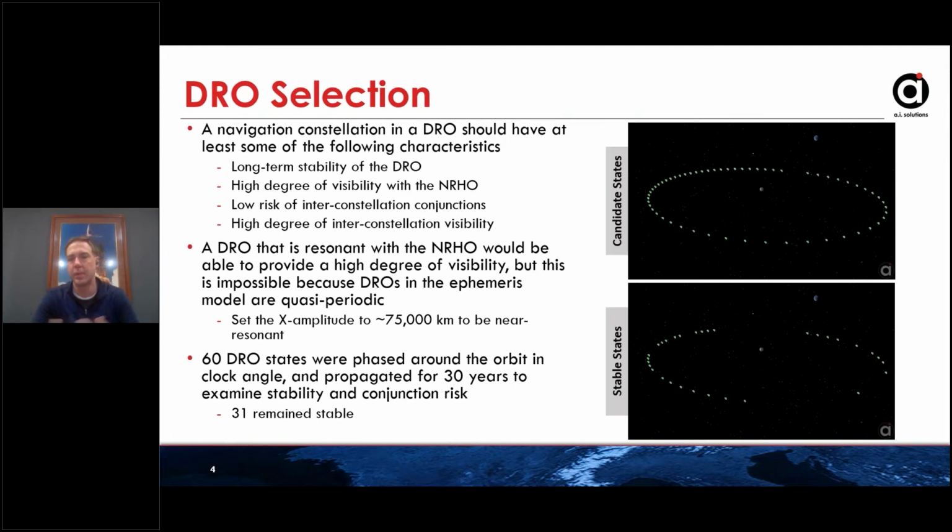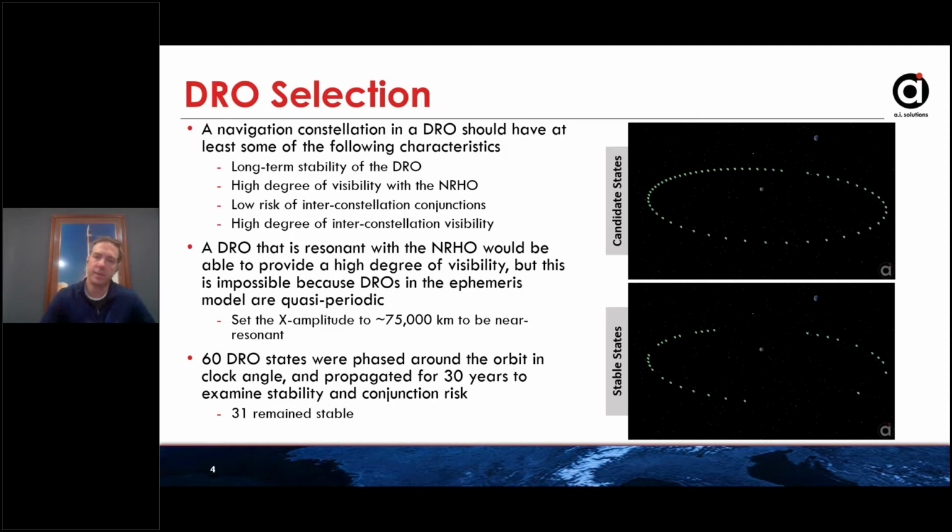For the papers that I wrote, as I said, I used a constellation of DROs, and important in that process was finding stable distant retrograde orbits and picking ones that were useful and advantageous.